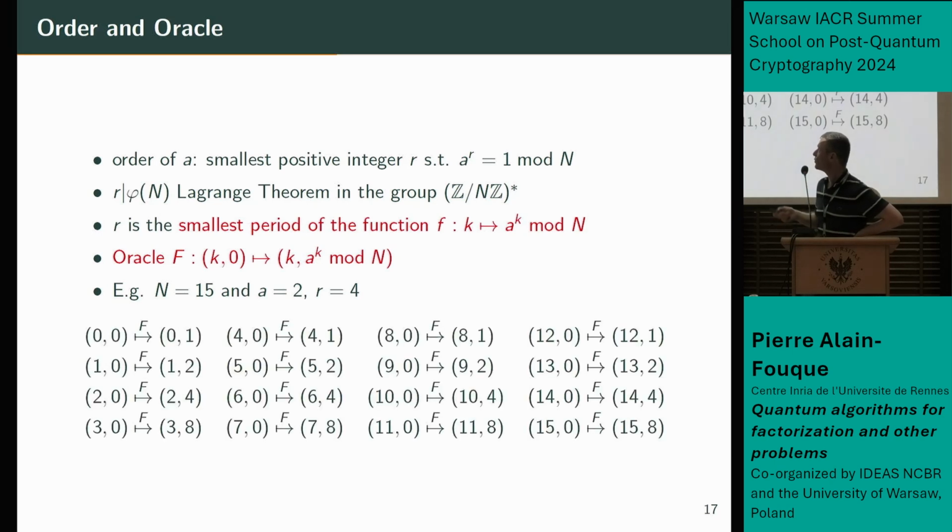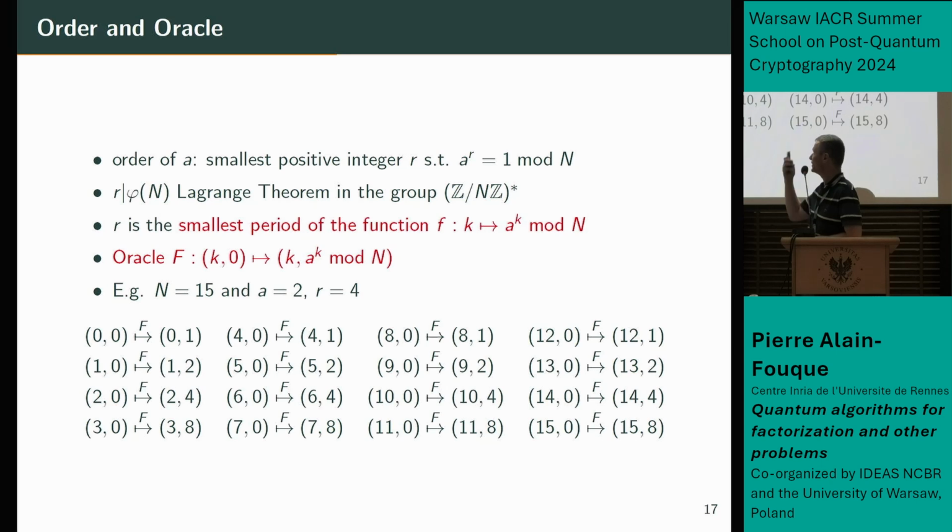And so in the previous example, you can show that you have a periodic function. If you do exactly the same computation, here I have 2 to the power 0 mod 15, so it will be 1. Here it will be 2 to the power 1 mod 15, it will be 2. 2 to the power 2 is 4, 2 to the power 3 is 8. And now I have 2 to the power 4, which is 16, which is equal to 1 mod 15.